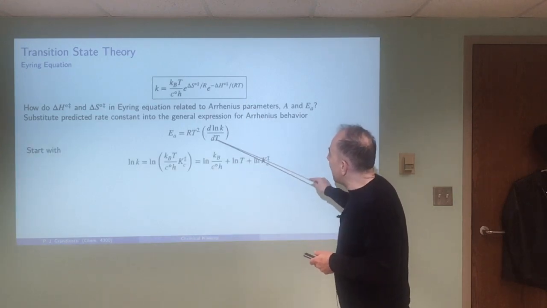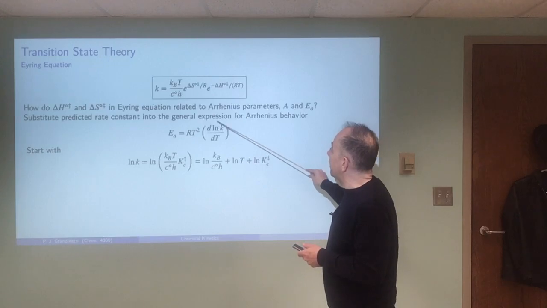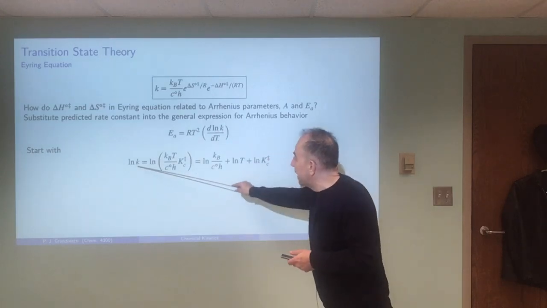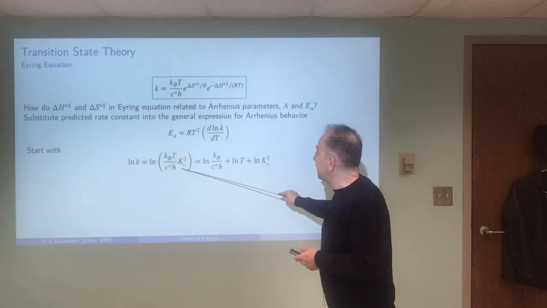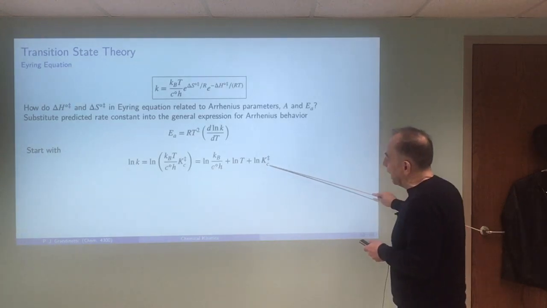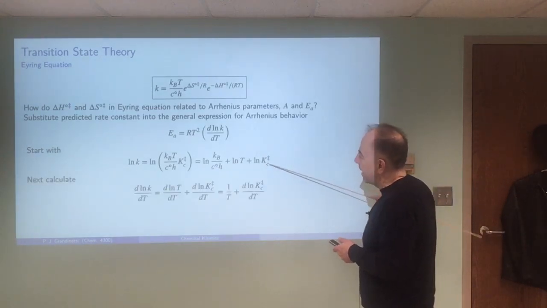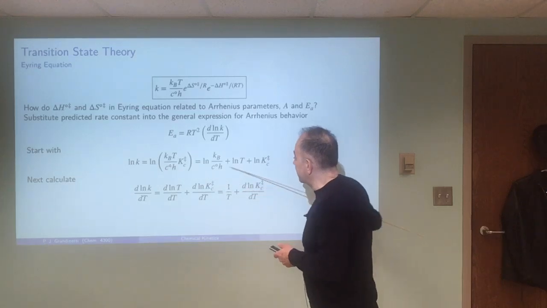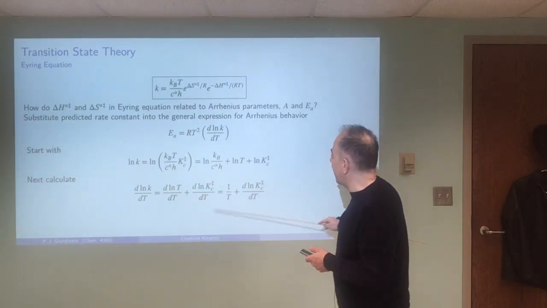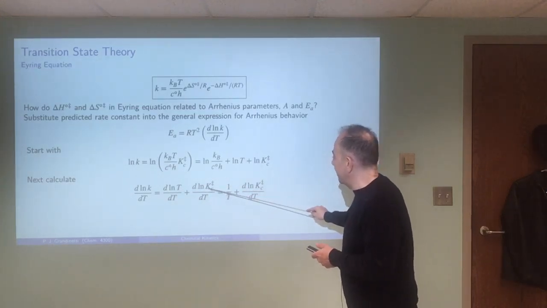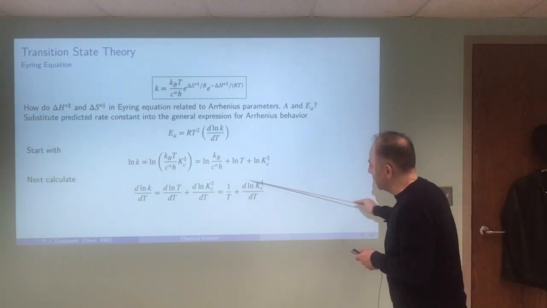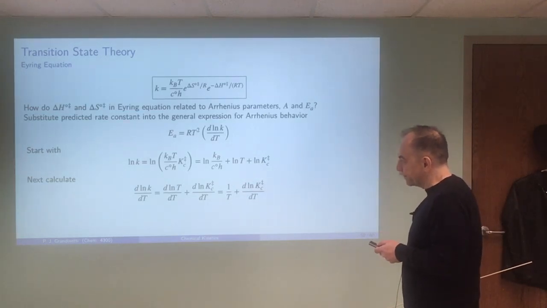So first we want to calculate d ln k dT. So ln of k is just that, taking the log, expanding it out, gives us this term. Then taking the derivative of this with respect to temperature, that's going to be this and this, which then evaluate out to this term here.